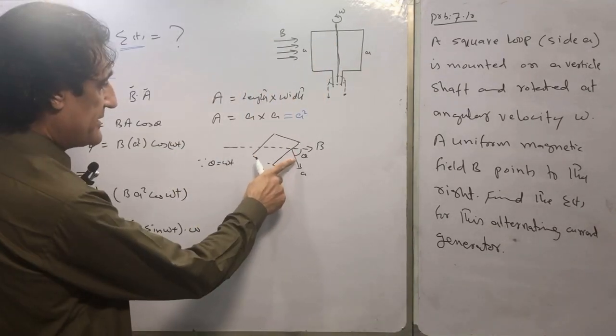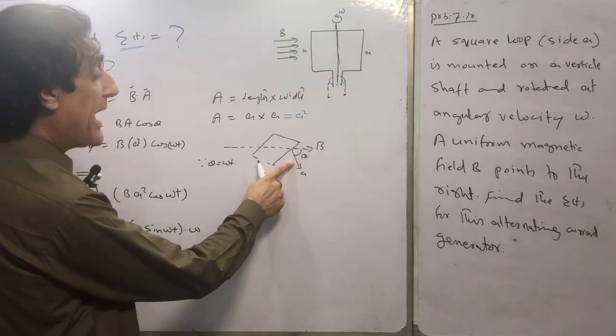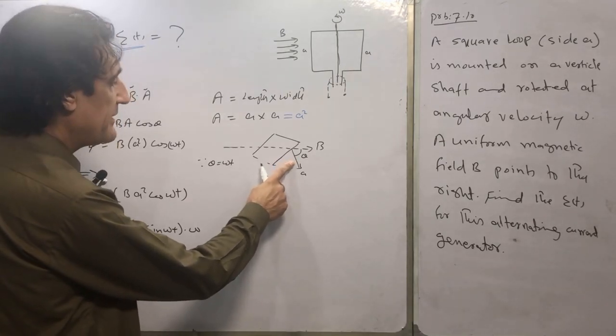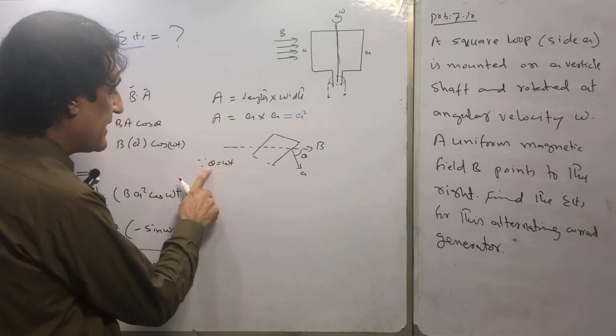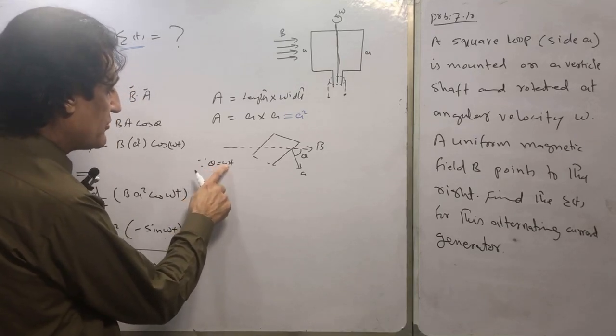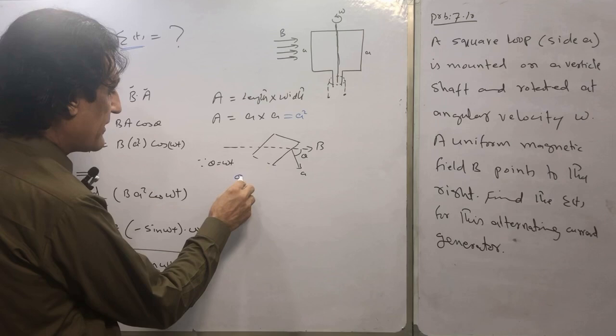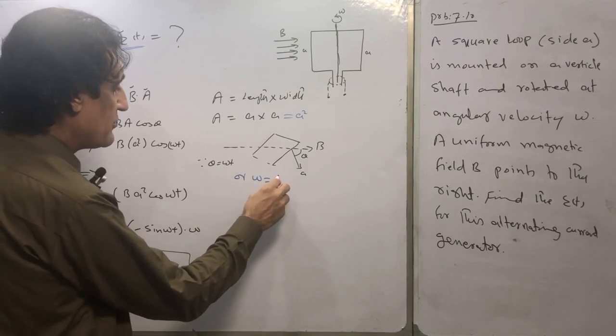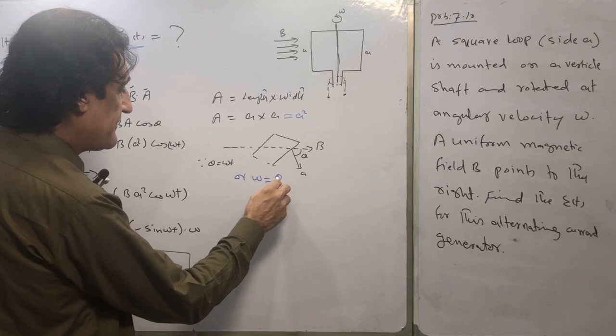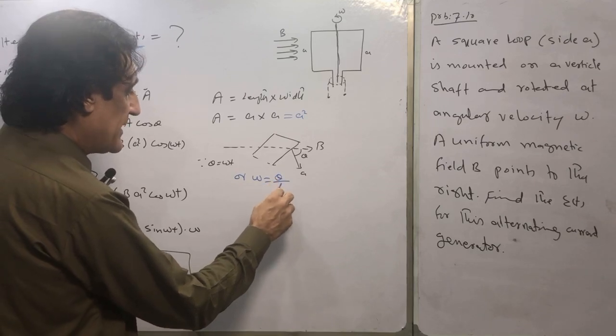It means that when it is rotating, there is some angular displacement, and this angular displacement is related to the angular velocity. This angular displacement is equal to omega t, or we can also say that angular velocity is equal to the rate of change of angular displacement.